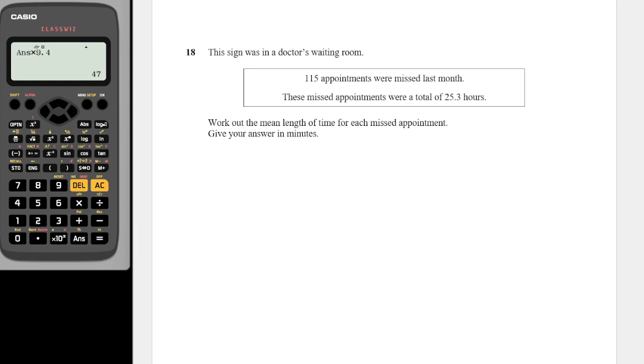So I'm going to take the total number of hours in minutes, so I'm going to say that's 25.3 times by 60, and then I'm dividing that by the number of appointments, so 115, and that should give me my answer. So fraction button, 25.3 times by 60, just double check my numbers, and I want to divide that by 115. So that's going to be 13.2 minutes.